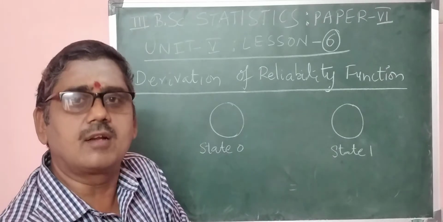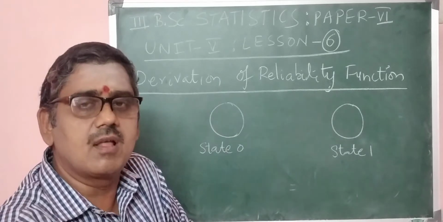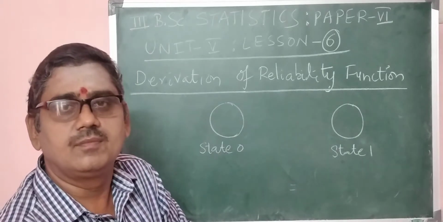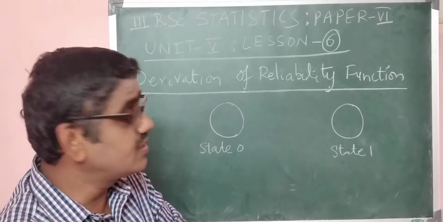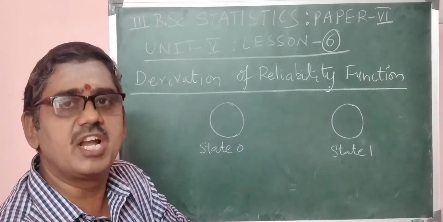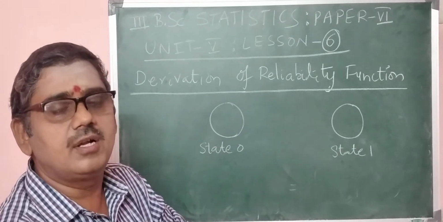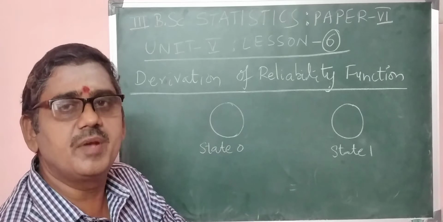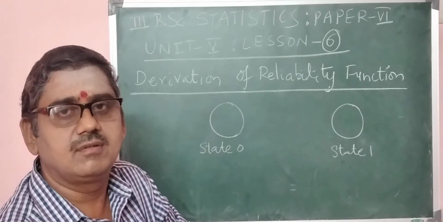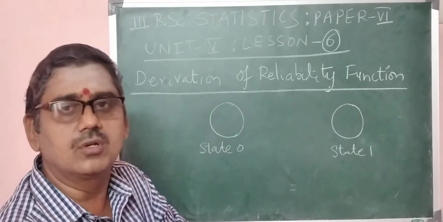That is in some particular time period it fails. That's what we are specifying as state 1. When you say a particular component is in state 1, which means it fails. The working condition was not good. It is failed.